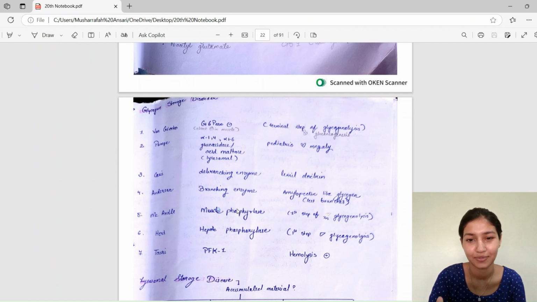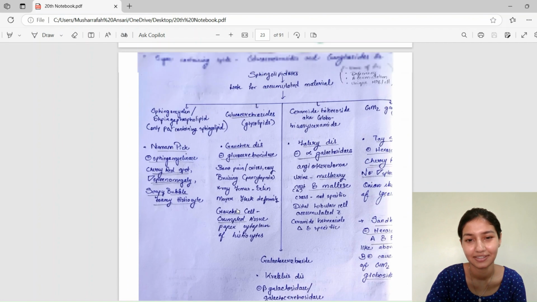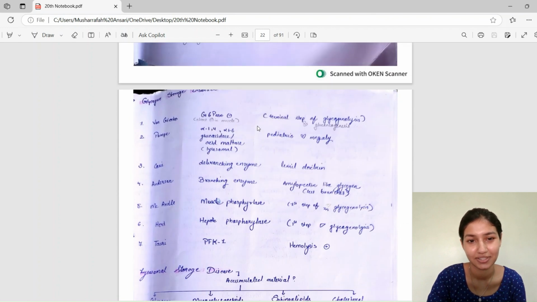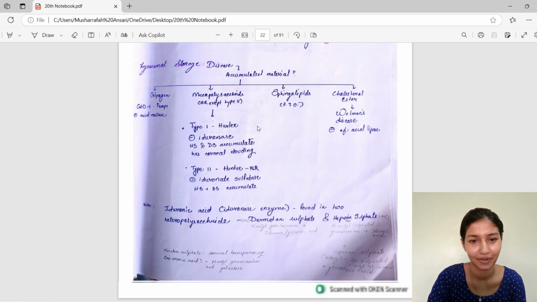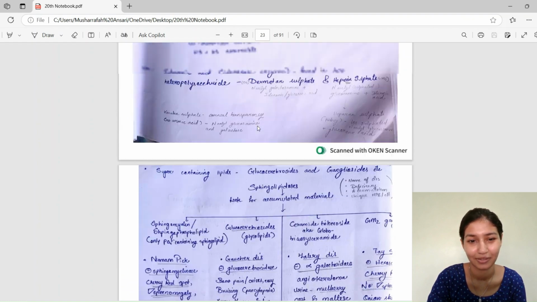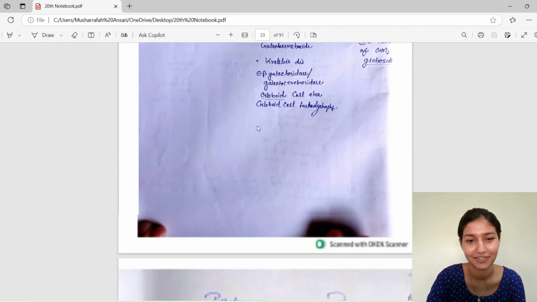I had to use a couple of resources, use my own creativity, and arrange them in a way that would be very pleasing for me to revise. There are flowcharts, and for example, here every storage disorder that I am required to know, I have it in this one page or two sides of one page.